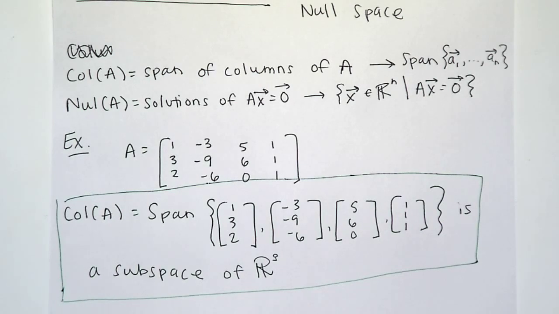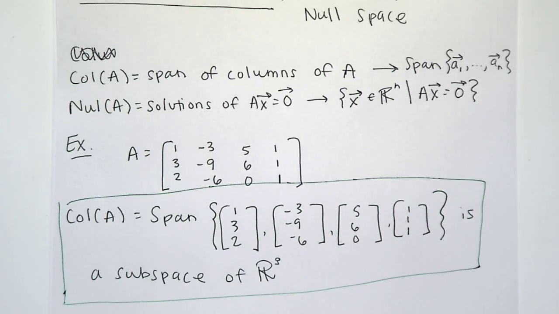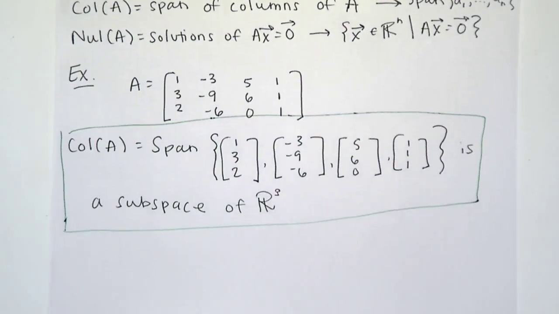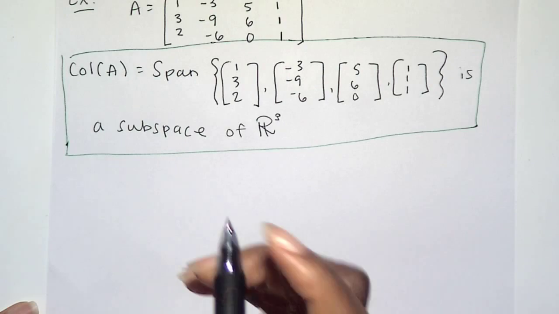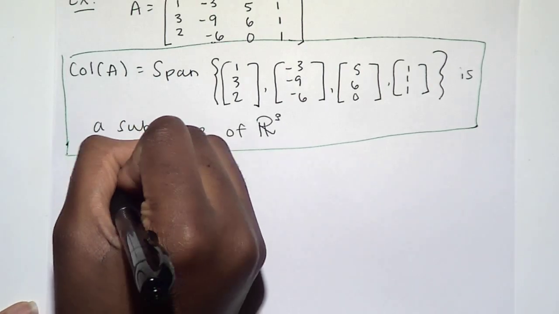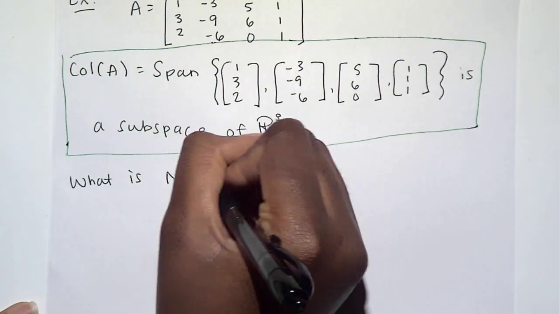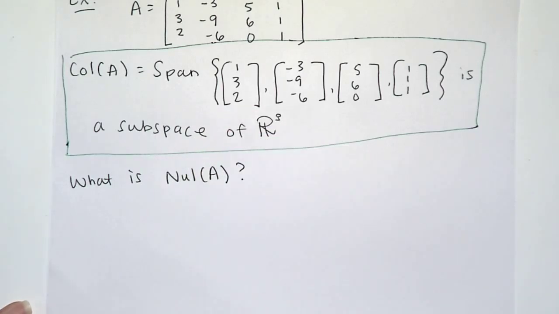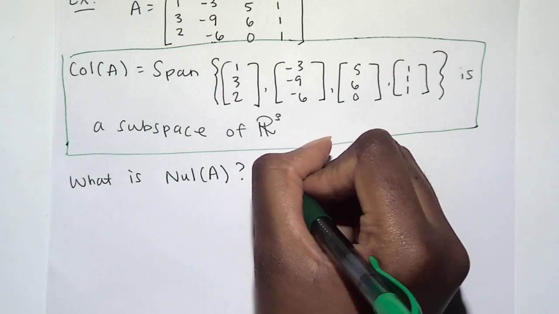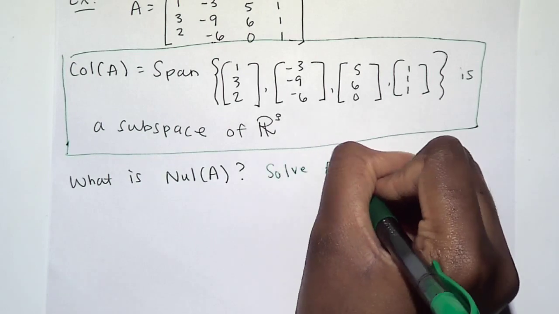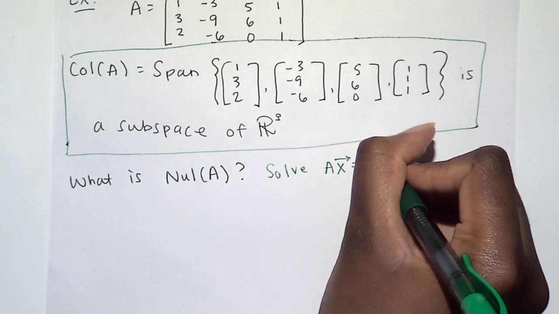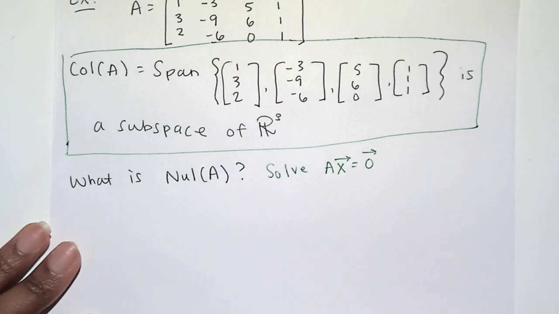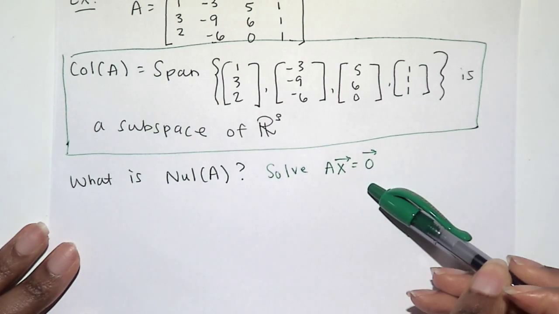All right, so what will take a little more work is our null space. So let's work on finding that. What is the null space of our same matrix A? Whenever you're asked to find the null space, you are going to have to solve the homogeneous system, because the null space are the solutions of the homogeneous system.